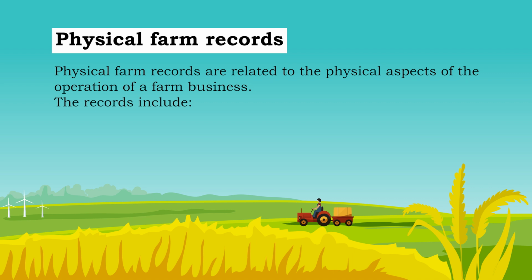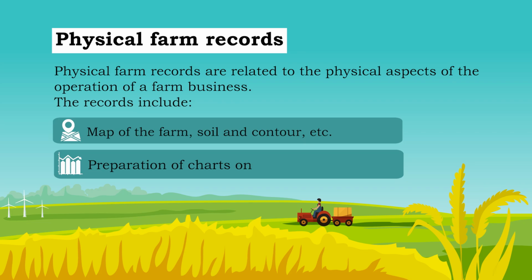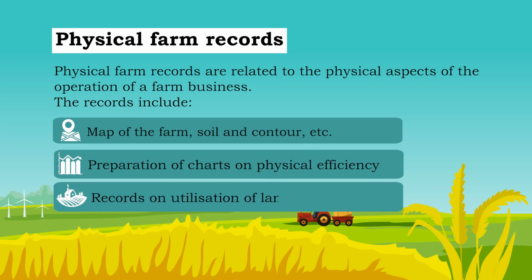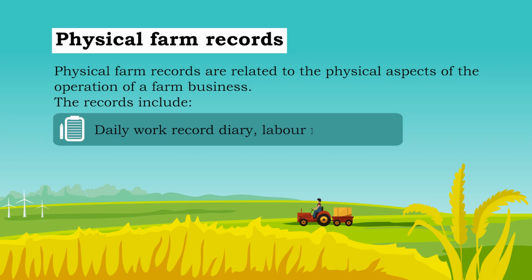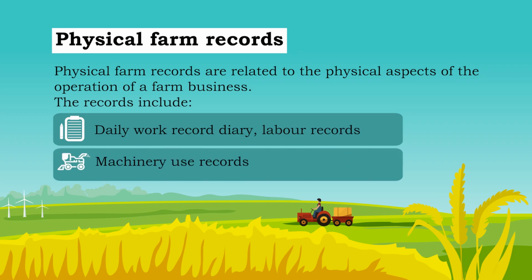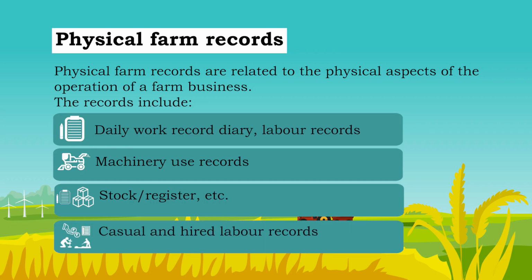The records include map of the farm, soil and contour etc., preparation of charts on physical efficiency, records on utilization of land, records on crop production and disposal, daily work record diary, labor records, machinery use records, stock register etc., and casual and hired labor records.